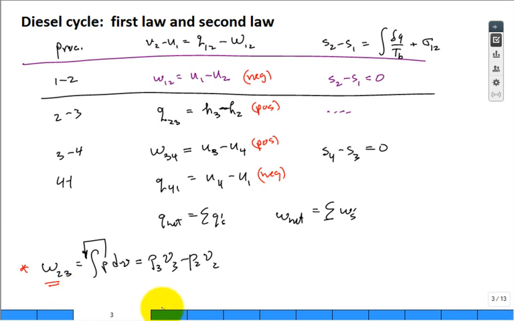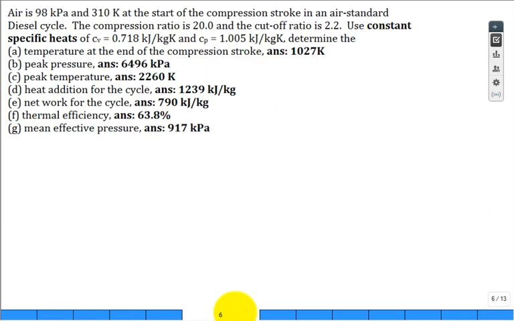All right. We want to solve a problem. We have air at this pressure and temperature at the start of the compression stroke in an air standard diesel cycle. Are we ever going to do a non-air standard diesel cycle? Nope, they're all air standard, meaning there's a bunch of assumptions in it.